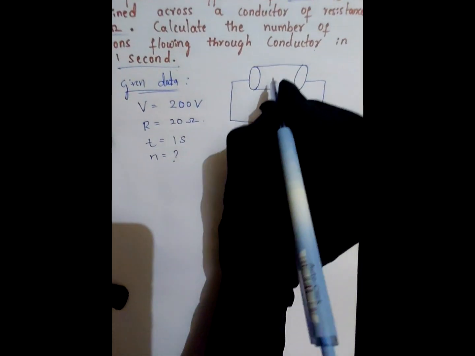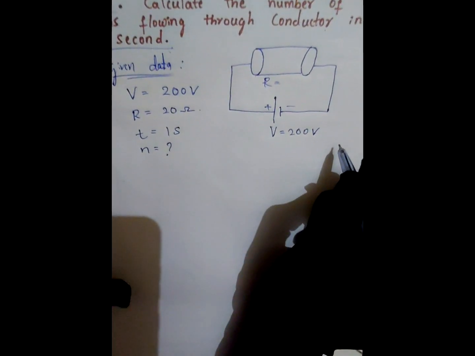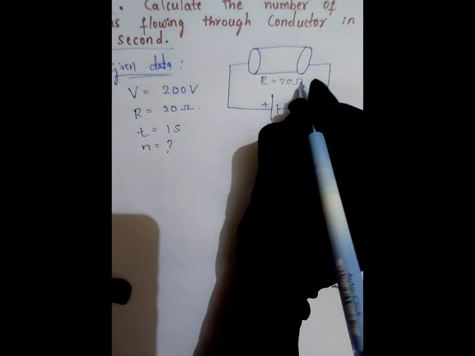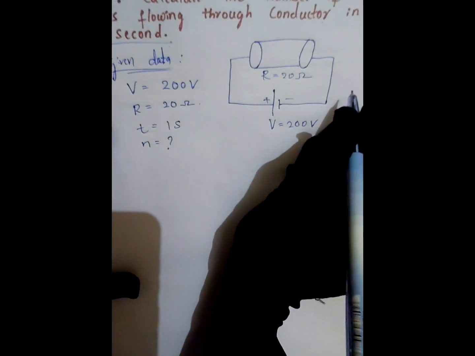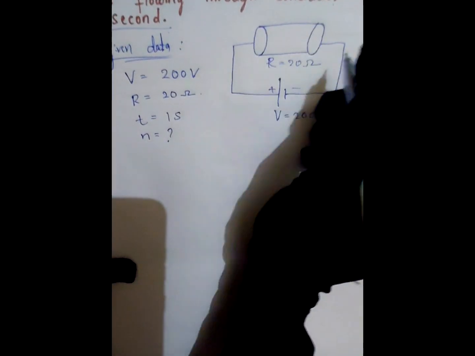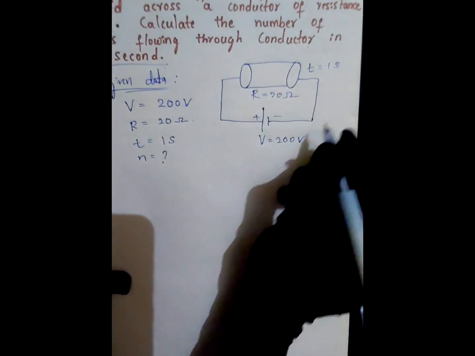In that, the R value is also given. R means resistance. Resistance opposes the flow of current. The R value is 20 ohm. And what is the time here? For the electrons flowing in this conductor, the time value is t equal to 1 second.